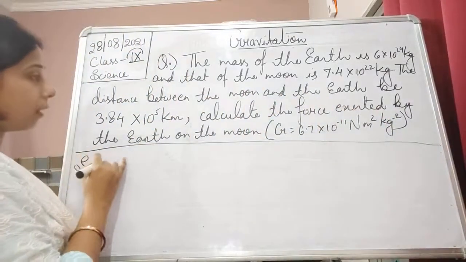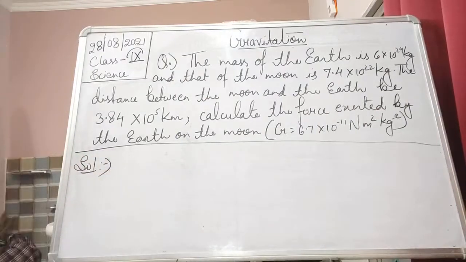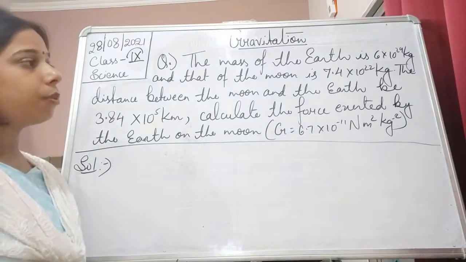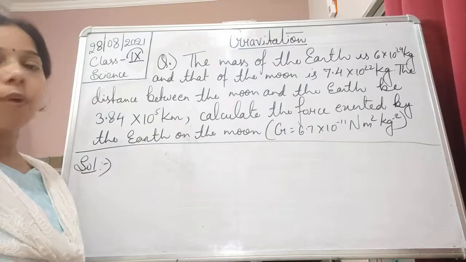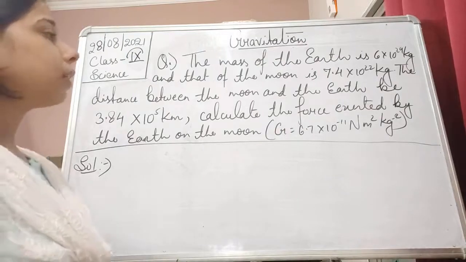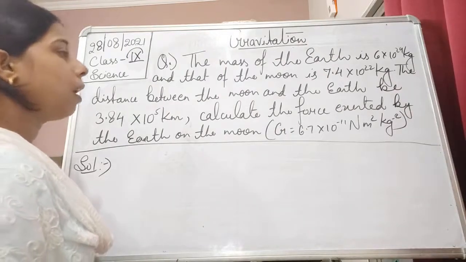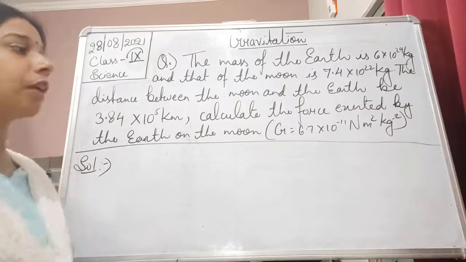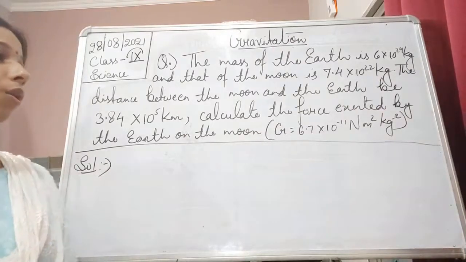Now we have to find the solution. See, the question is that the mass of the earth is given, student, and that is 6 into 10 the power 24 kg, and the mass of the moon is given, that is 7.4 into 10 the power 22 kg. The distance is also given. We have to find the force exerted by the earth on the moon.